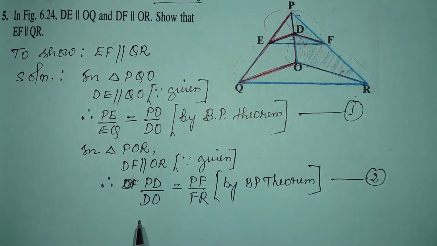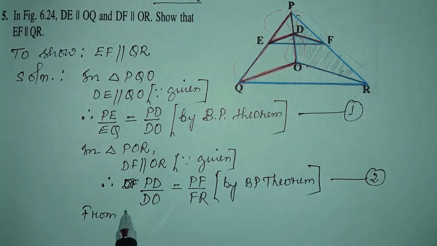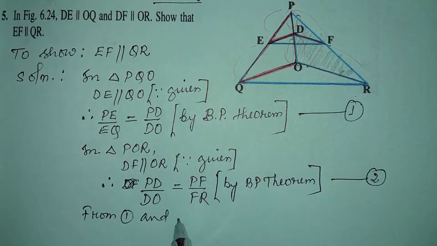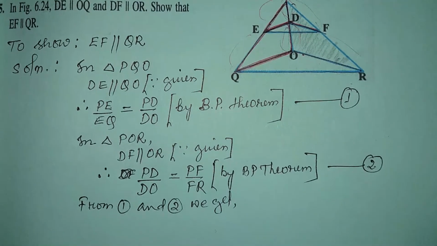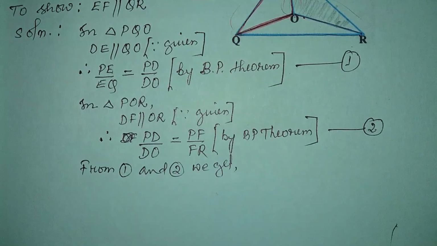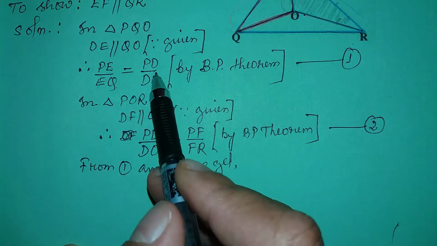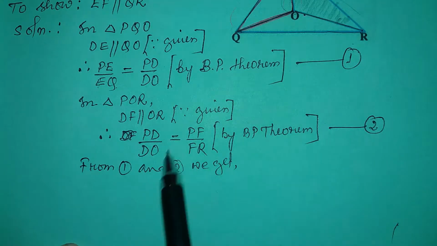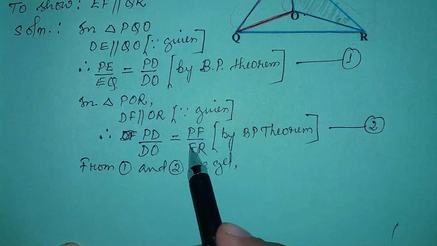Now from 1 and 2 we get, PE by EQ is equal to PD by DO. Again the same PD by DO is equal to PF by FR.